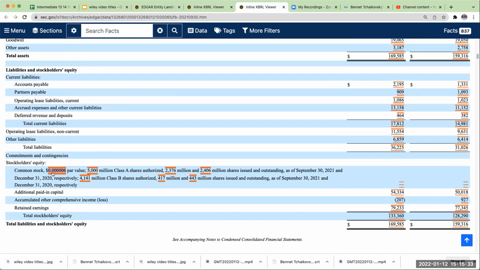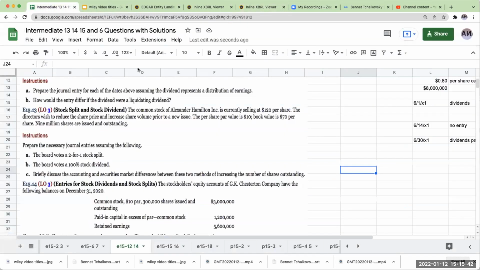So here you've got 0.000, it's a fraction of a penny. Why is par value a fraction of a penny? Par value is a fraction of a penny because if the corporation sells a share for less than par value, they are going to cause the shareholder to have a liability for the difference between the par value and what they paid for it.